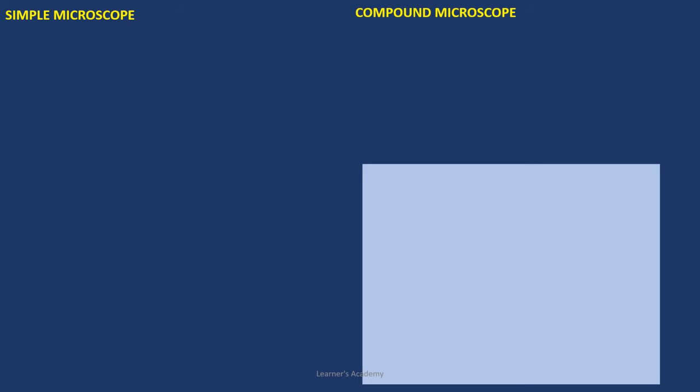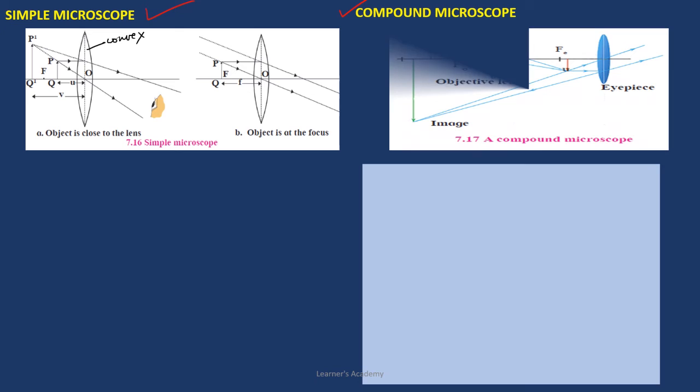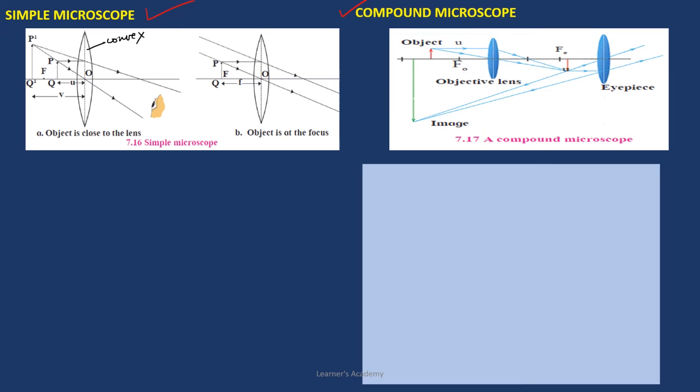Let us understand the difference between a simple microscope and a compound microscope. In case of a simple microscope, I'll show you the picture, see, only one convex lens is used, whereas in case of a compound microscope you will find two convex lenses, objective and eyepiece, are used.